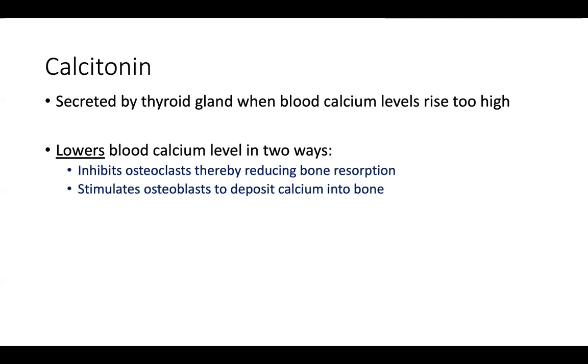All right, so you want to keep those three hormones kind of separate in your brain and understand the pathway by which each of them affects blood calcium levels, and know obviously which direction it will push blood calcium levels up or down.